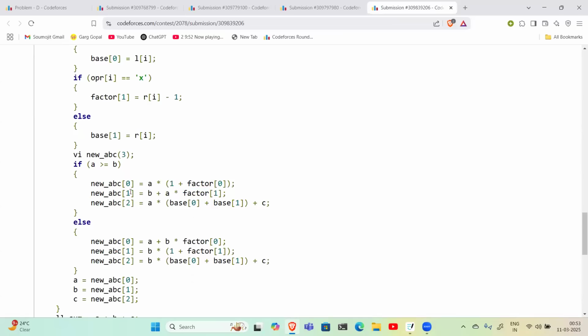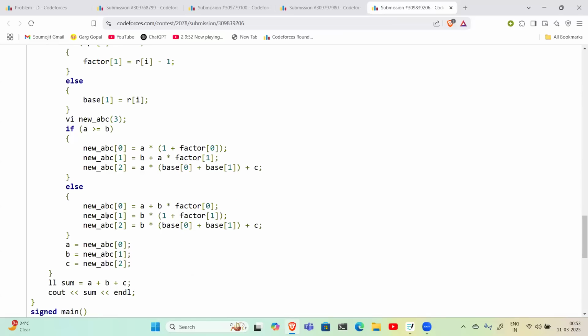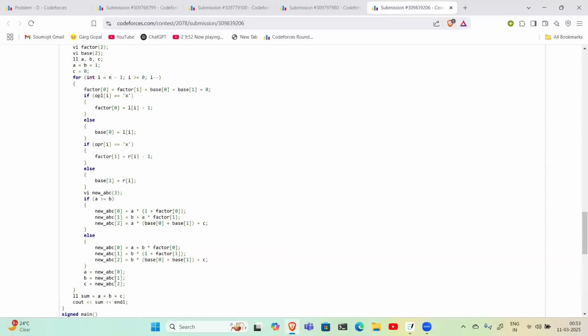Using that, I use the coefficients of the f_(k+1) function to compute the coefficients of the f_k function. I do this in reverse order so that finally a, b, and c get populated with the coefficients of the f_1 function. I compute the sum and print it.